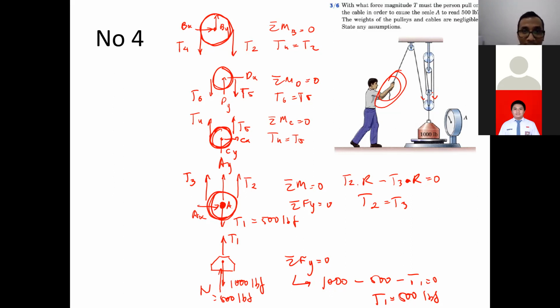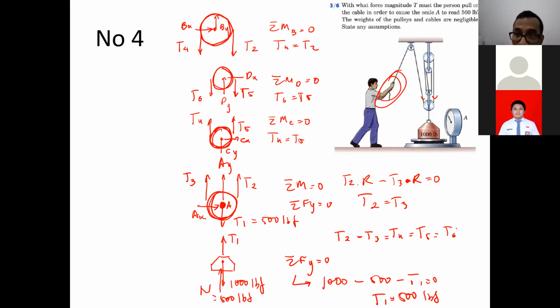Then after that, T4 is equal to T5 and T6 equal to T5. So basically we have T2 equal to T3 equal to T4 equal to T5 equal to T6, right?